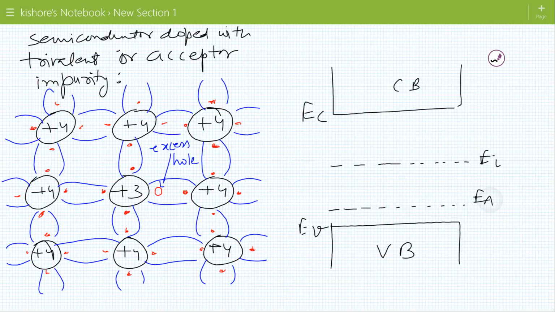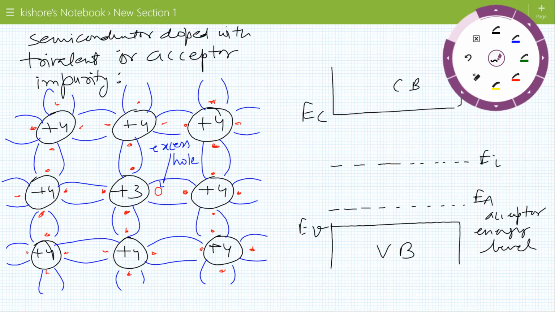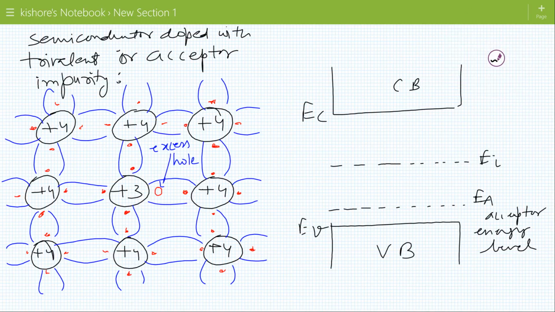This is EA, the acceptor energy level, and again the gap between acceptor energy level and valence band is very small, that is 0.05 electron volt for silicon, and it is 0.01 electron volts for germanium.